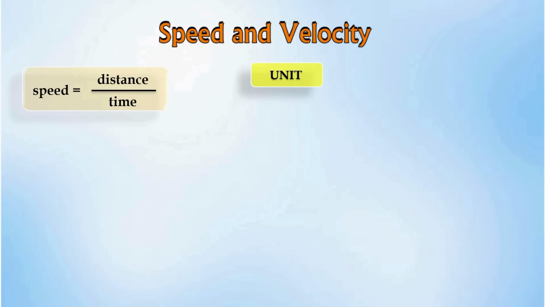In the MKS system, distance is measured in meters and time in seconds. So, the unit of speed is meter per second, written as m per second or m/s. In the CGS system, distance is measured in centimeters and time in seconds. So, the unit of speed is centimeter per second, written as cm per second or cm/s.